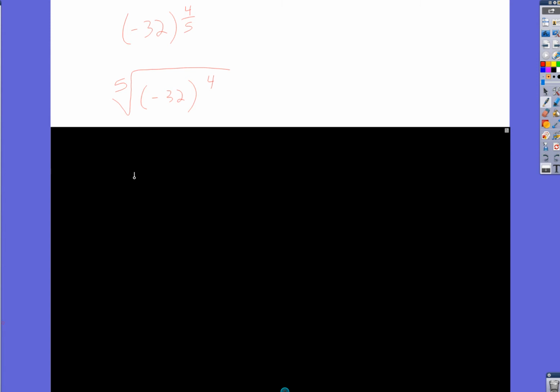Now, on a square root, I need 2 of every number in order to jump out. How many groups of what do you think you would need? 5. Yes, you need 5 for a 5th root.